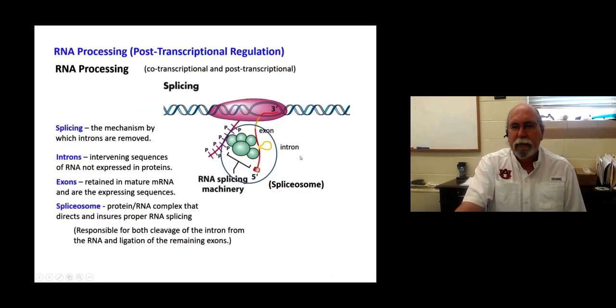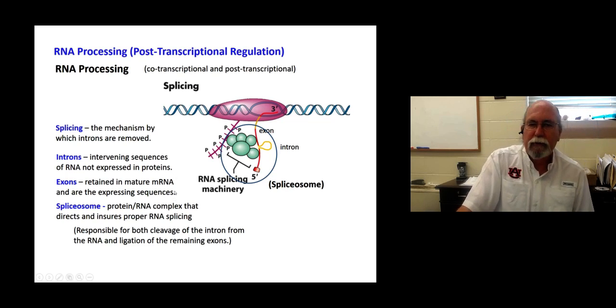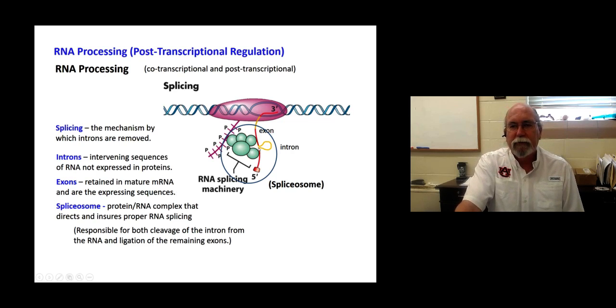Right? Okay. Now, how does all this work? Well, whether the exon is shuffled or not, how do we actually get this intron cut out? There are multiple ways, but the primary way involves a structure we're going to call a spliceosome.